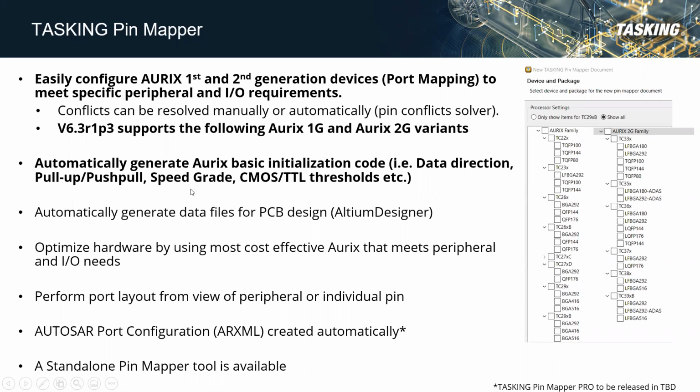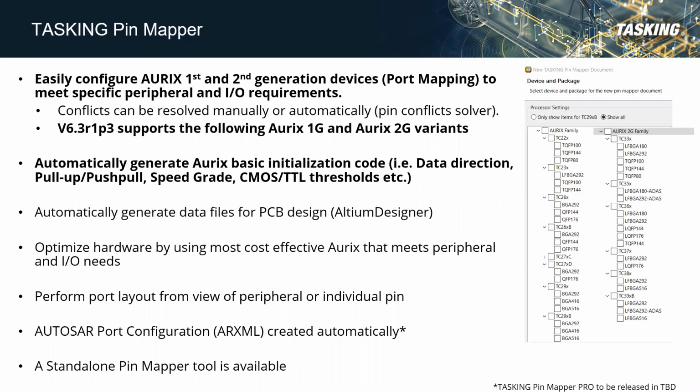A lot of people who are first using the AURIX don't realize that there are multiple levels of speed grade associated with the different pins of the AURIX. For example, if you need to drive a high-speed bus, the highest speed grade pin has the additional current capability to drive the capacitive loading on the bus so that you don't get rounded edges.